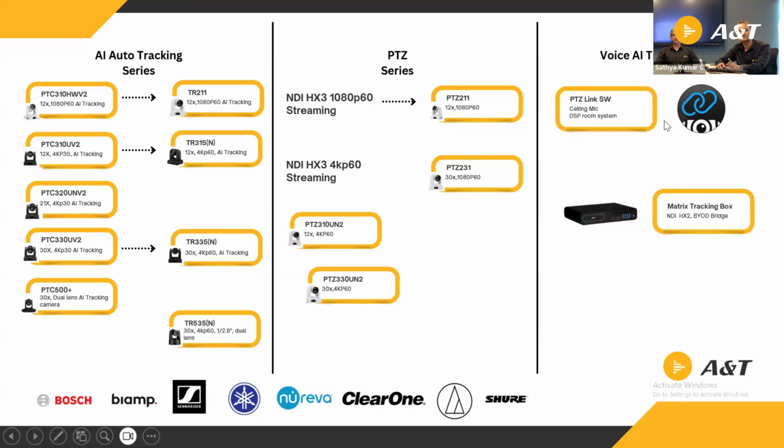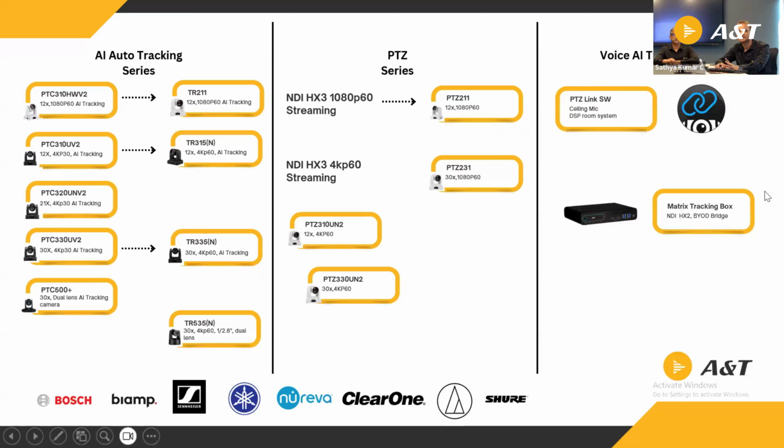In terms of voice tracking solution, right now you have seen the matrix tracking box. Earlier we used to provide PTZ link software, which requires a dedicated PC to install. With the same setup, adding the cameras and microphones, the room PC still needed to be connected to the USB of the same camera, even when we connected over IP. But this matrix box allows us to connect the cameras through IP only, which is very user friendly, and it gives a direct USB output to the room PC or the users' laptops, without depending on any in-room PC.